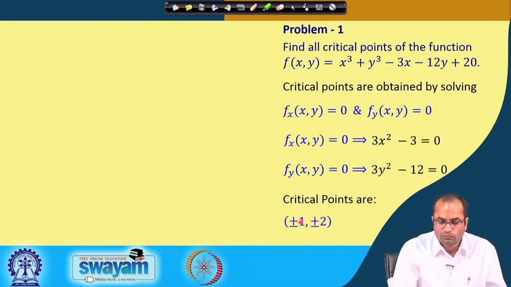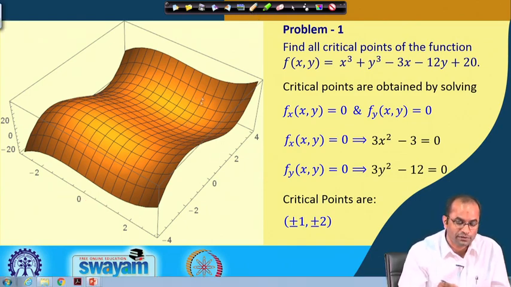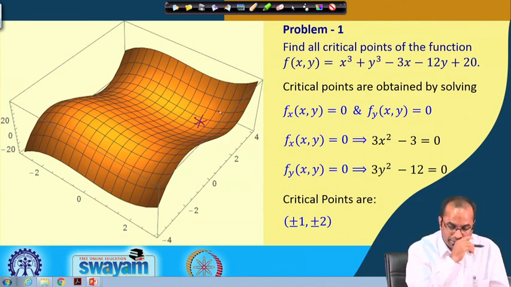Here we can take (1, 2), then (-1, 2), or (1, -2), and so all these 4 possibilities are there. And if we look at the surface of this function, there are points, for example, 1 in x and 2 in y, where there will be a critical point.